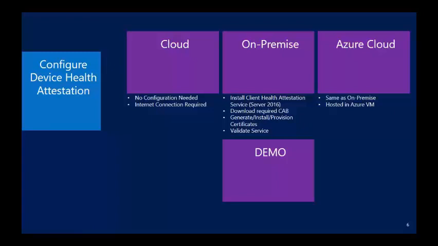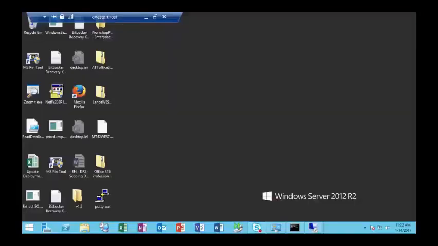So let me pull in the lab here. All right, so the lab I pulled in. And so to be specific, I've already got Device Health Attestation configured on-premise. I'm going to walk through how I did it. There's actually a really, really good TechNet article out there that will walk you through it and give you all of what I'm about to show you.